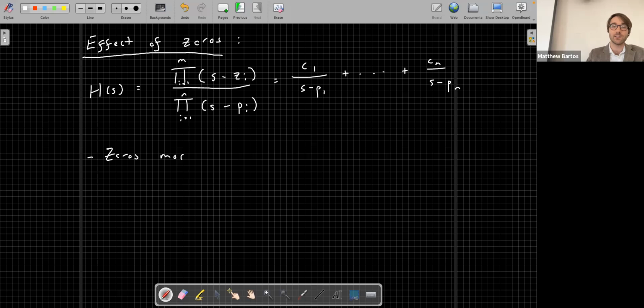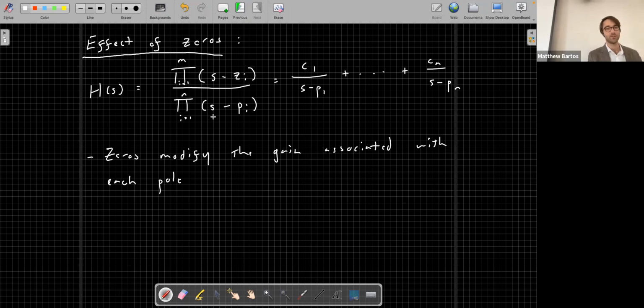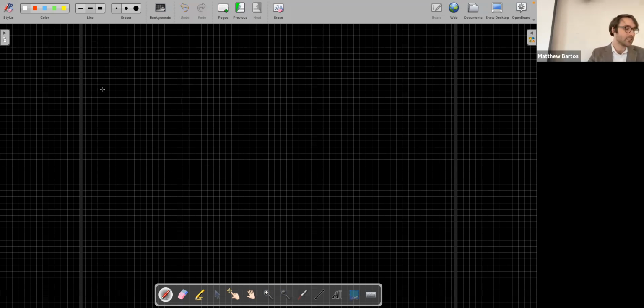So just to summarize, zeros modify the gain associated with each pole. So let's go through a couple examples. I'm just going to give two quick examples, and then we're going to move on to feedback in a second.